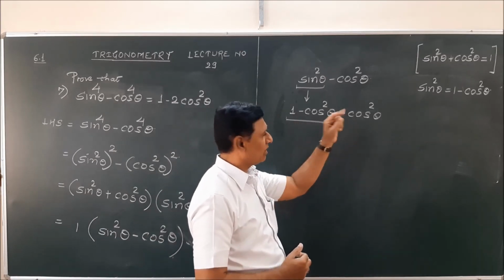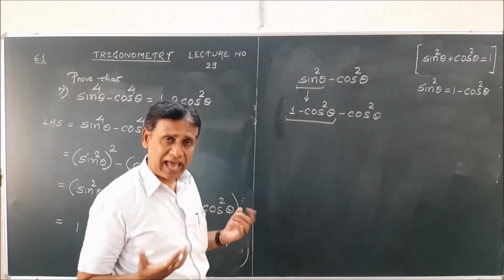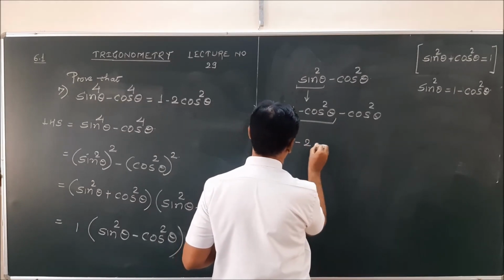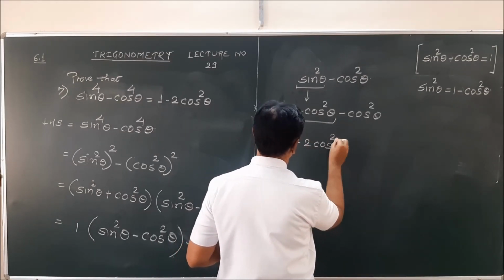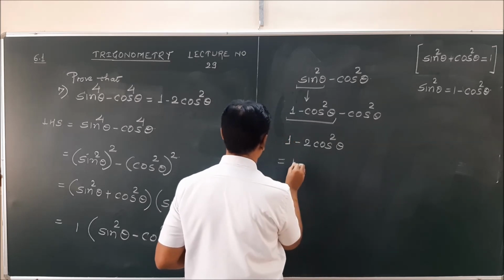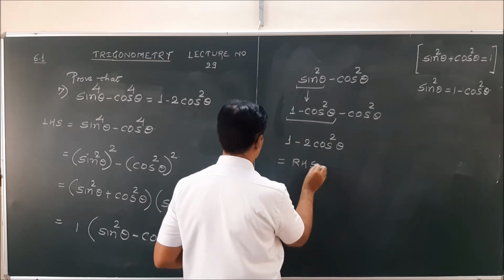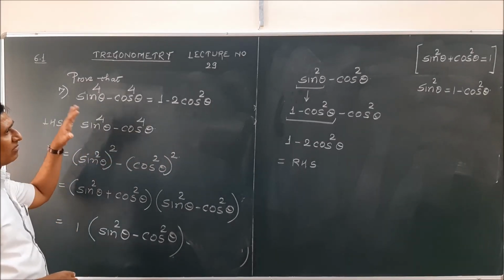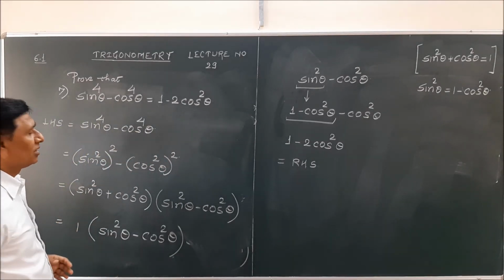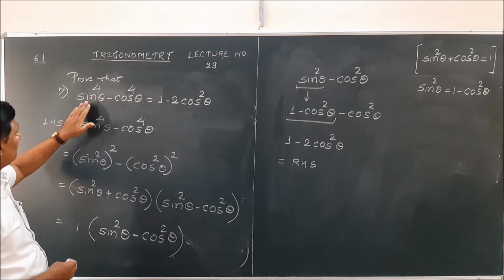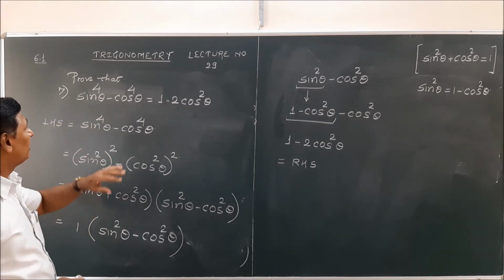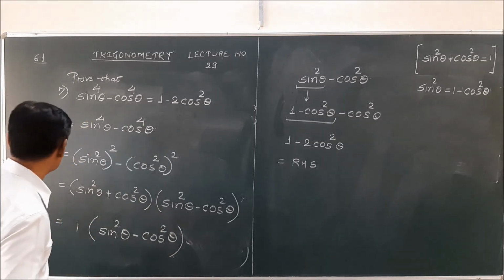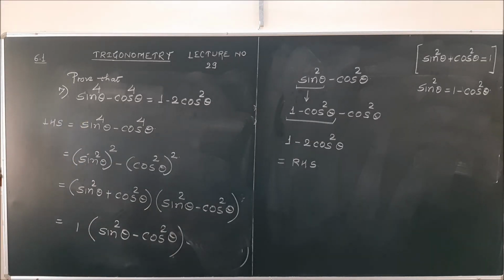Minus cos square theta minus cos square theta, if we add, we'll get 1 minus 2 cos square theta, and that is equal to RHS. So this is how you will find, dear students. Here we finished question number 7. Correction: in the textbook it is given sec raised to 4 theta. That is wrong. You have to take it as sin raised to 4 theta.